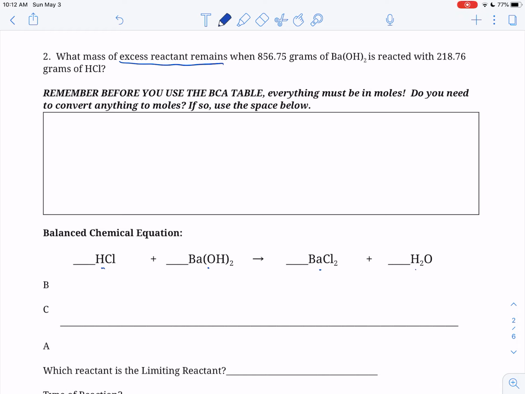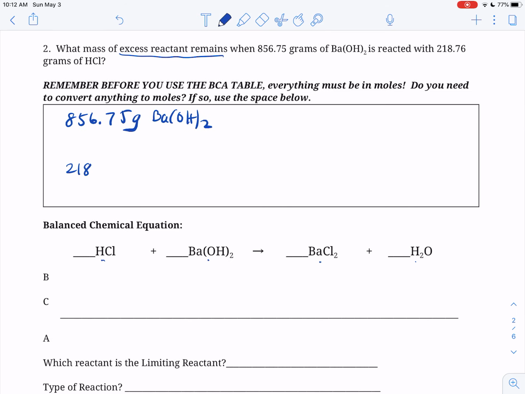Before I can use the BCA table, I have to see what I have. So I have 856.75 grams of BaOH2. And I have 218.76 grams of HCl.